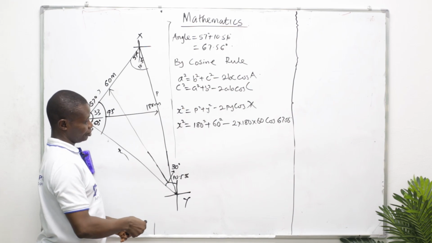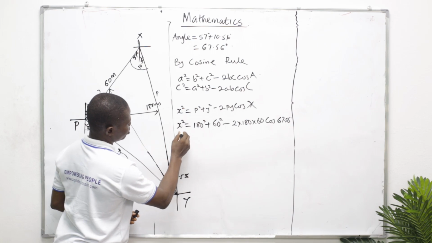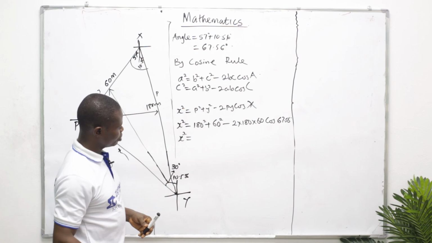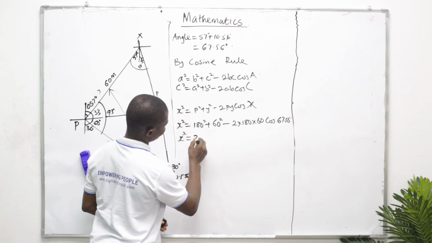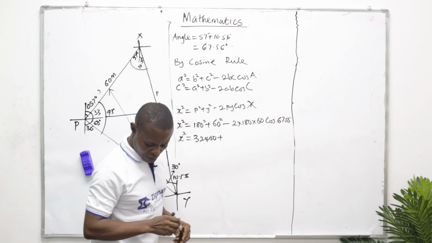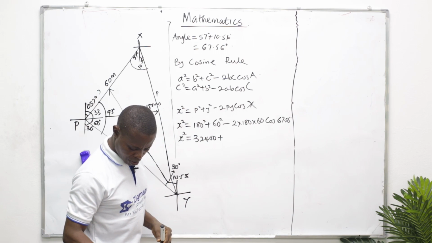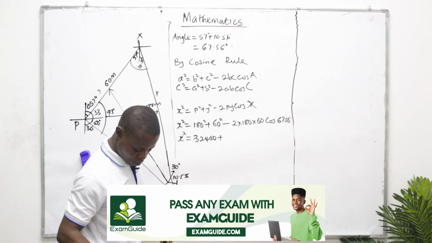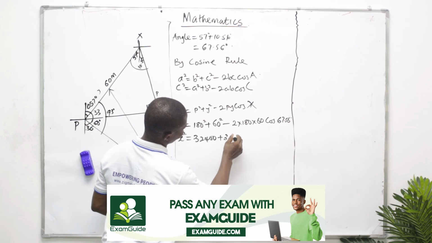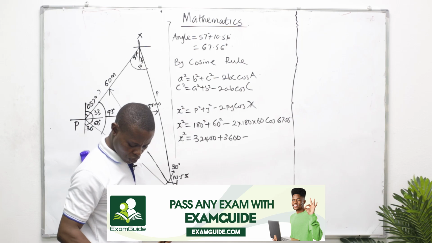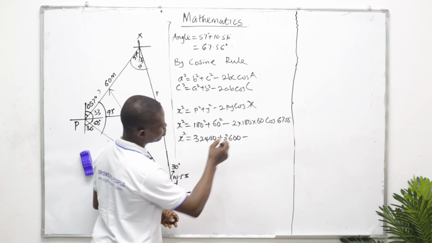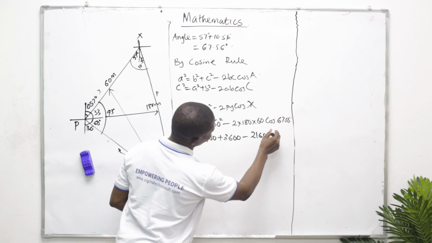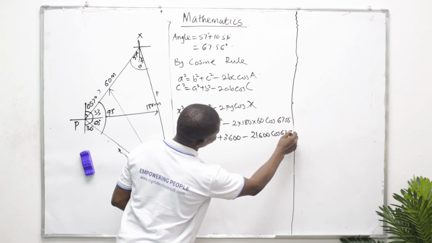Okay, having this is going to result in s squared equals 180 squared, 32400, plus 3600, minus 2 times 180 times 60 cos 67.56.